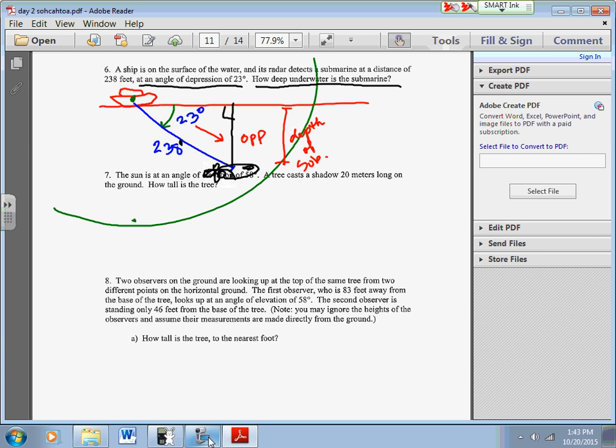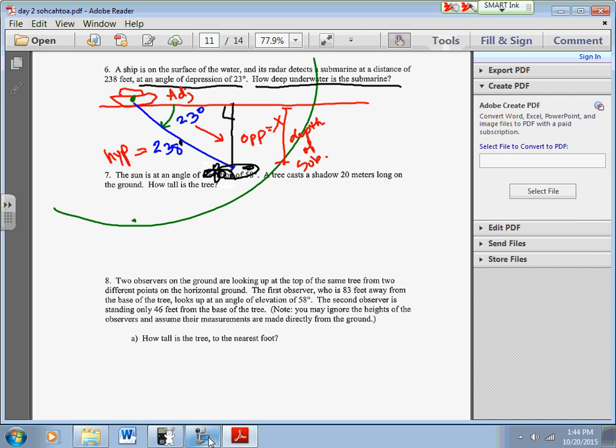That's what you're trying to solve for, the depth of the submarine. So that's going to be our X. Do you guys see that the adjacent is over here on the top of the water from the boat to the line perpendicular to the submarine? Over here is your hypotenuse.